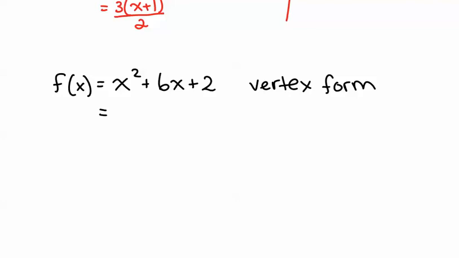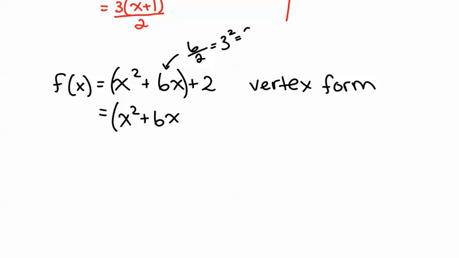I'll just quickly do that. I want to group my first two terms together, and turn them into a perfect square. So I'm going to take my 6, divide it by 2, and get 3, square it, which gives me 9. Now I know I have to add 9 and subtract 9.